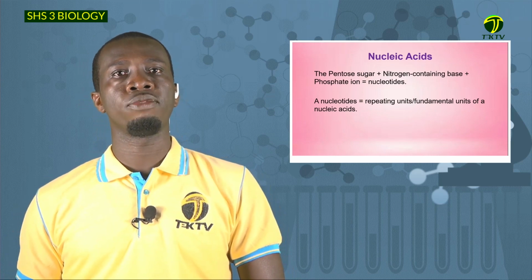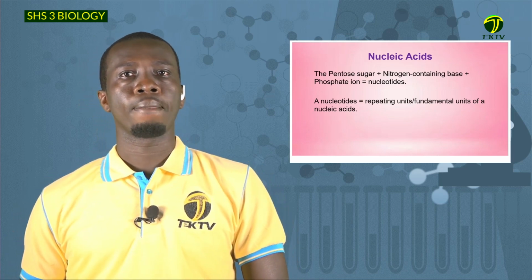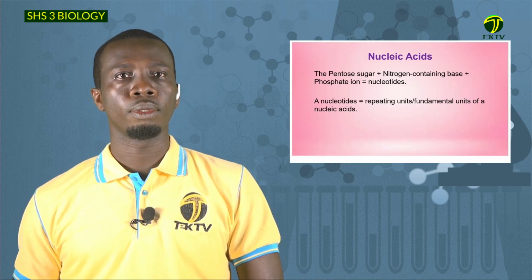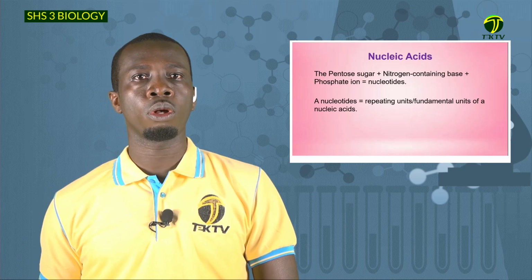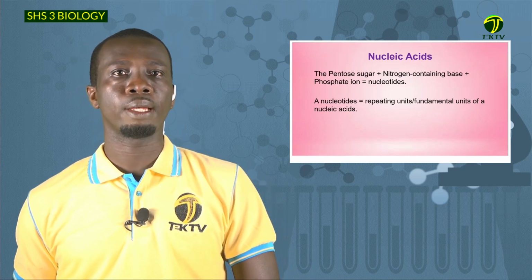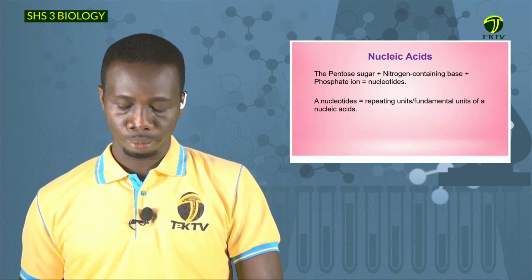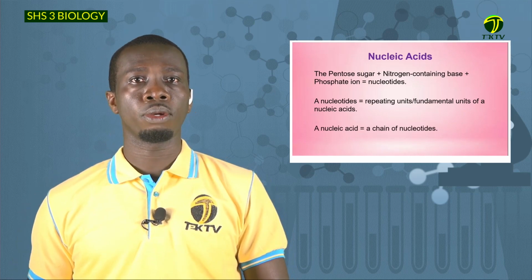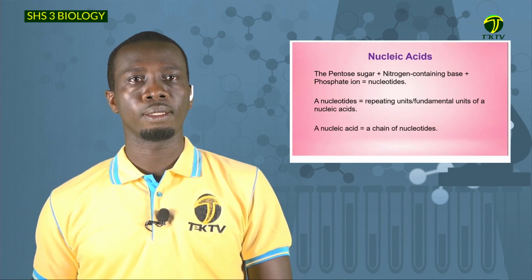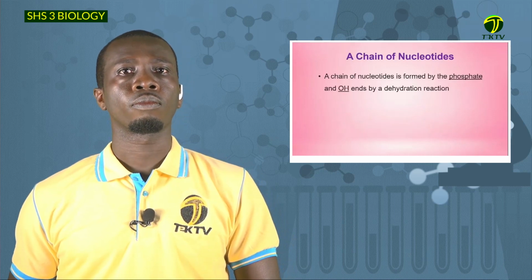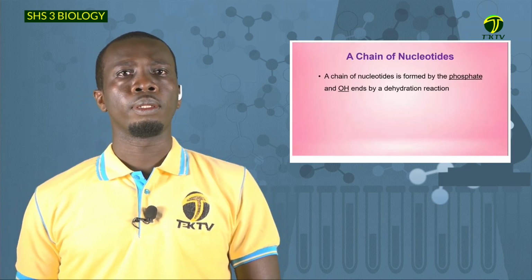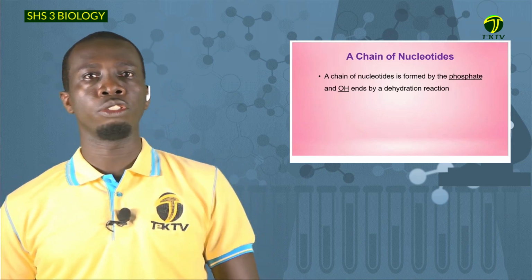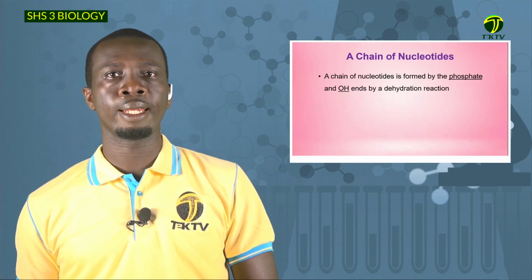So if you should divide a nucleic acid, we're going to get portions that we will call nucleotides, which are repetitive. So a nucleic acid is a chain of nucleotides. Once it's a chain, then there should be a bond between one chain and the other.